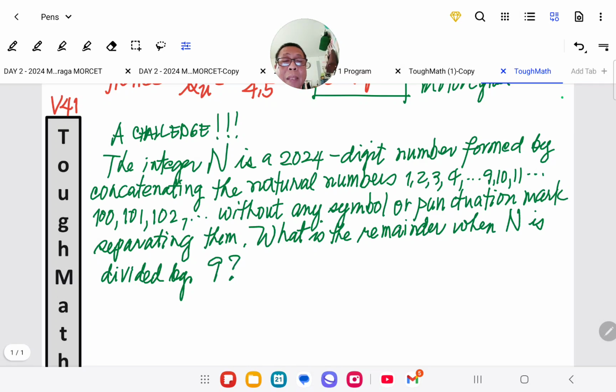Okay, so without any symbol or punctuation mark separating them, meaning these commas that I have placed here, 1 comma, 2 comma, remove the commas. That is what is meant by concatenating these numbers. And there should be 2024 digits in this number. So I don't know where it ends. What is the remainder when n is divided by 9?